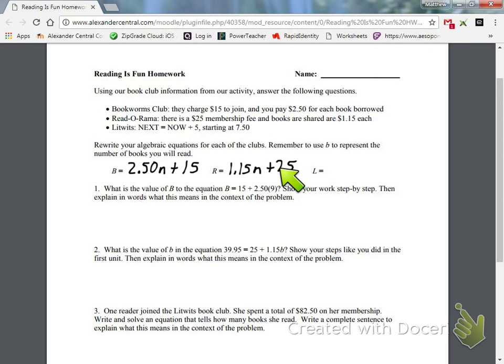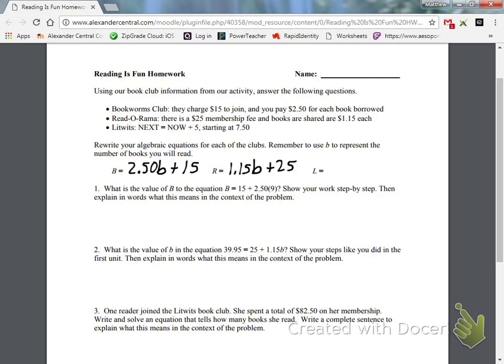Number of books. Y'all used N for number, but easy enough to swap out. What about the Litwits? Ha ha ha, Litwits. Next plus now starting at 750. That's a little tricky, isn't it?